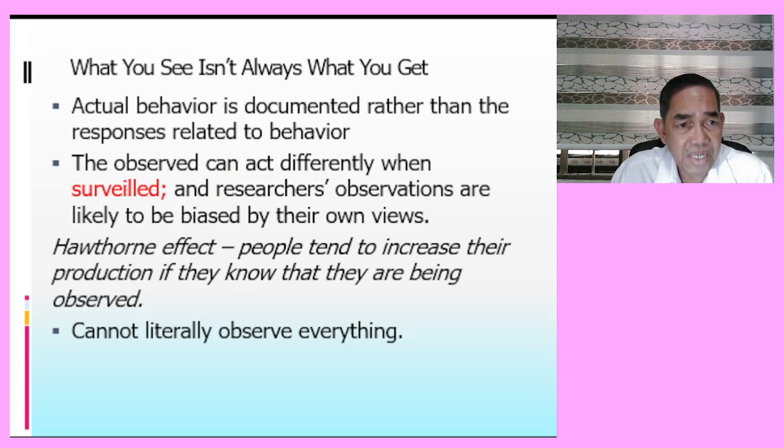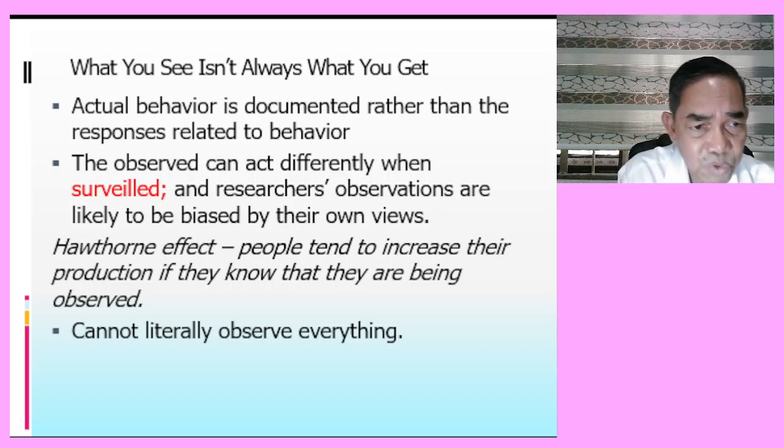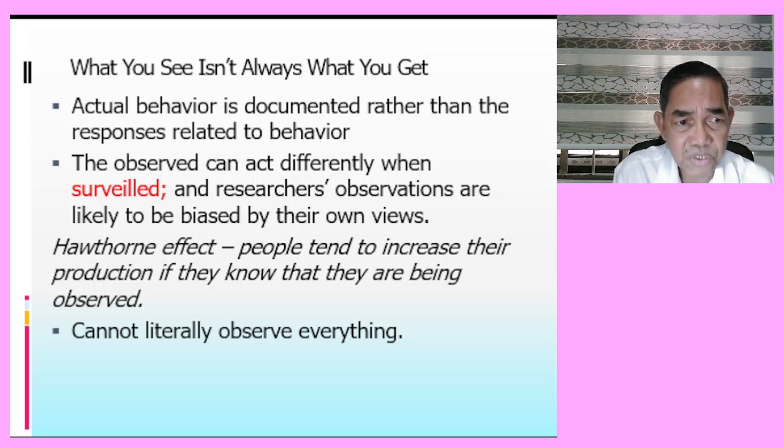Because what you see isn't always what you get. The actual behavior is documented rather than responses related to the behavior. So people might respond differently, and this is what you see. So you document the actual behavior, and the observed can act differently when surveilled.